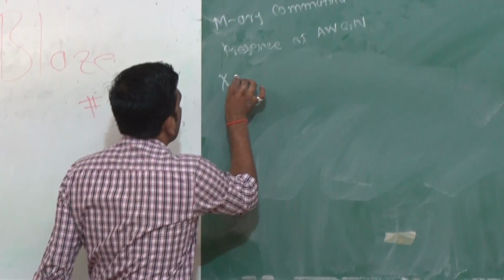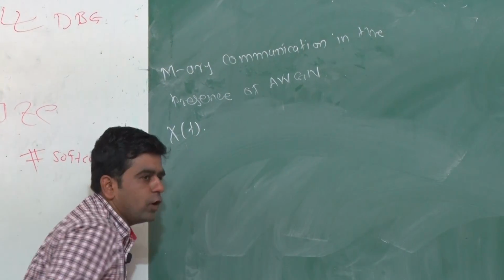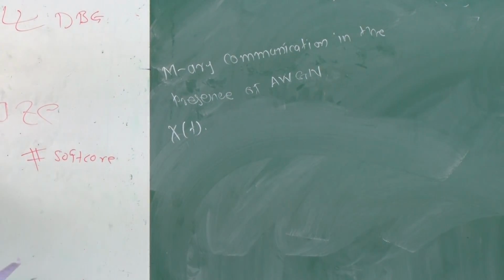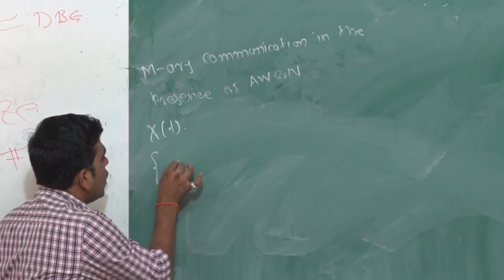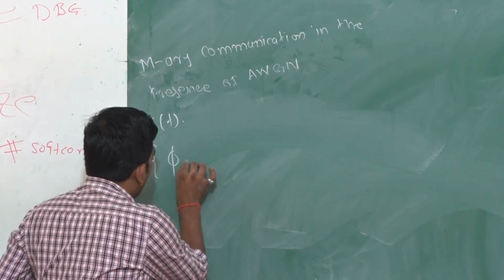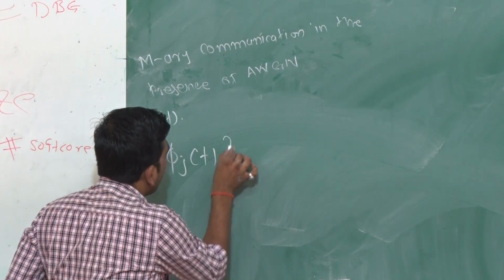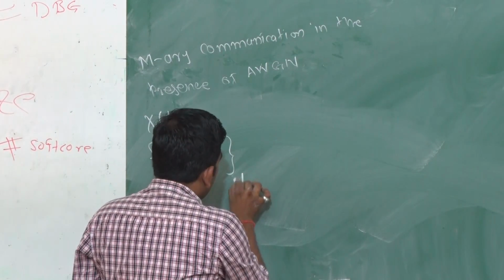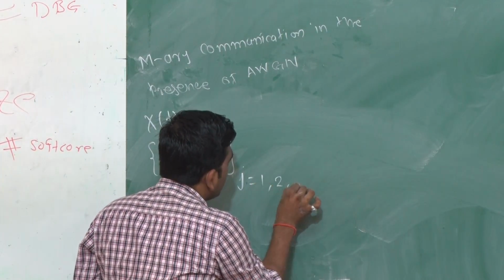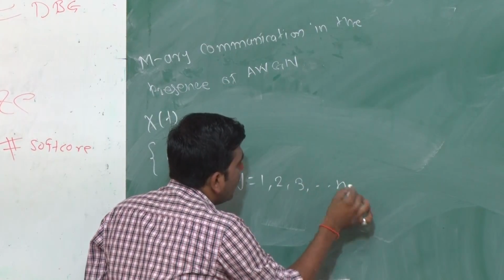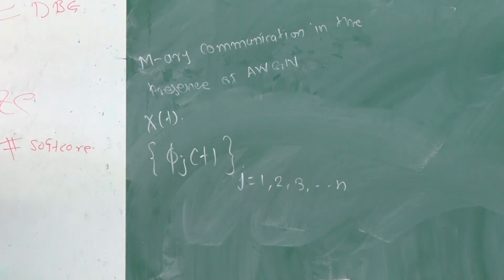Here capital X of t is the random process. We can define this random process over phi j of t, where j is 1, 2, 3 up to n. Here X of t is a random process.